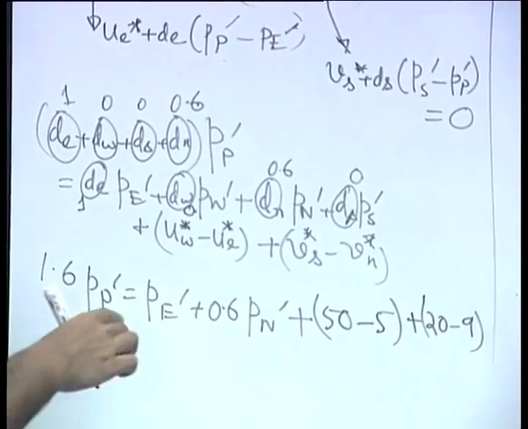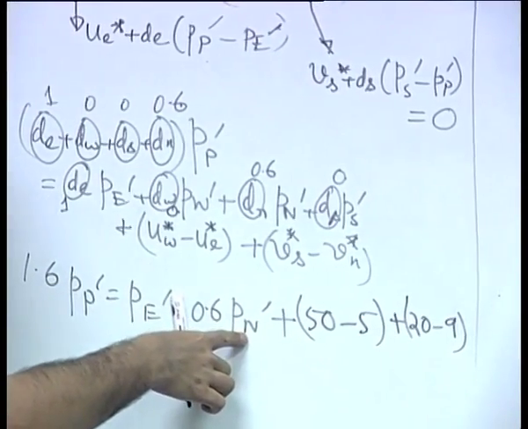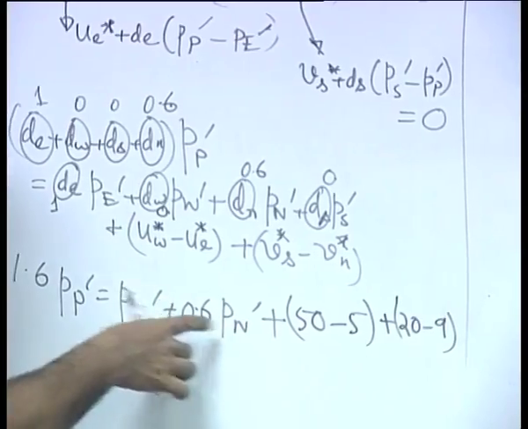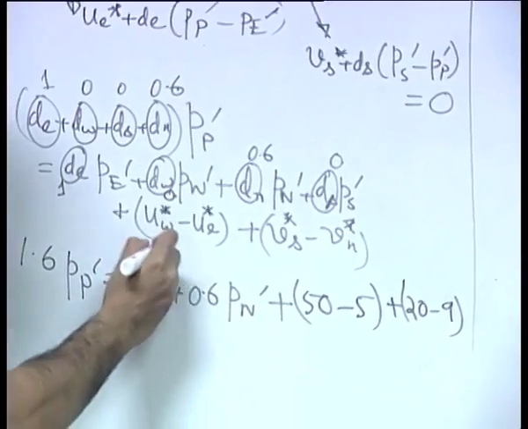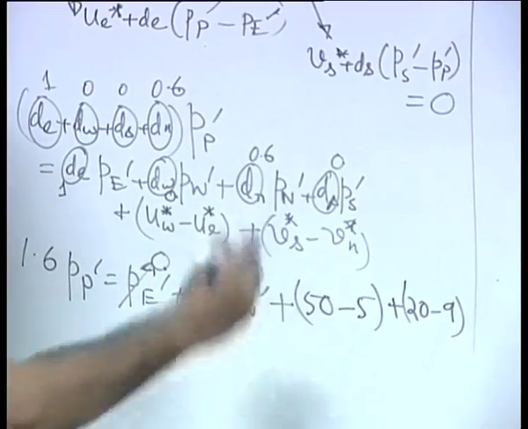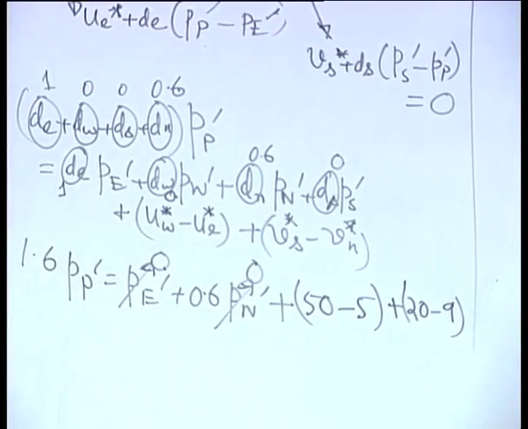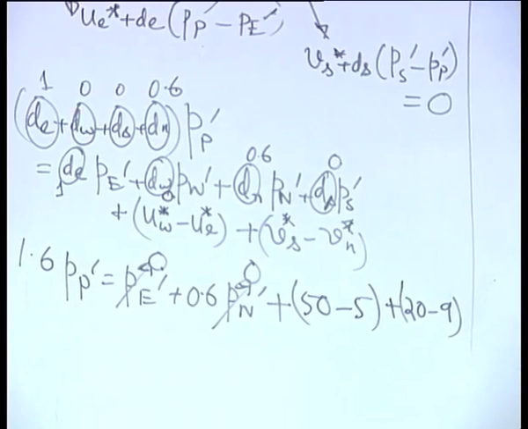Since at E and N the P values are given, Pe prime equal to 0 and Pn prime equal to 0, because their corrections are 0.